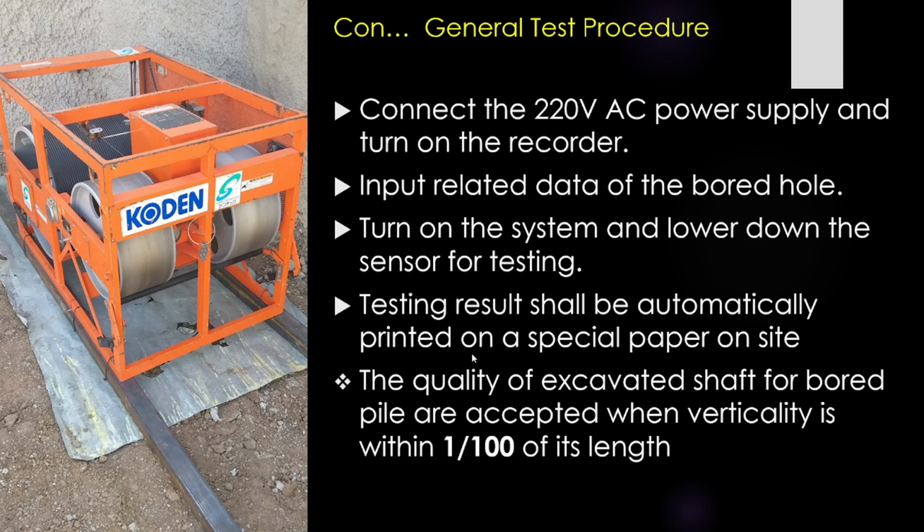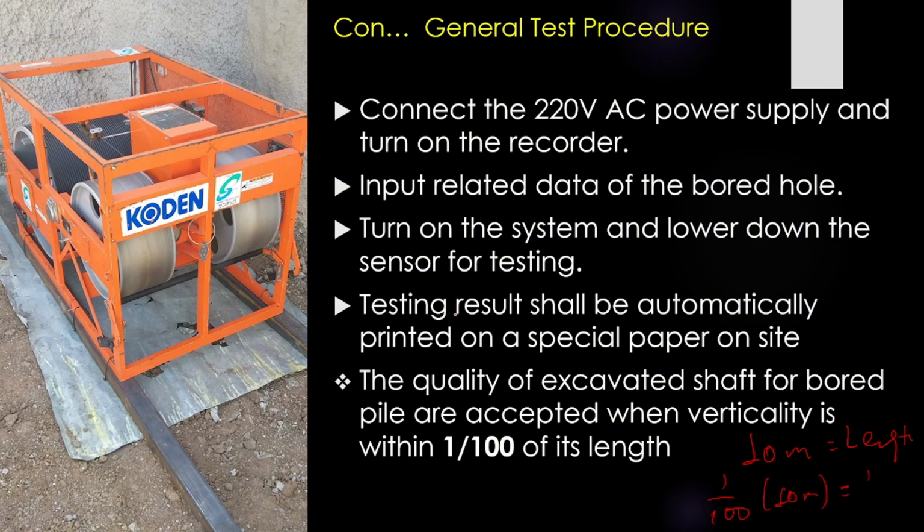The quality of excavated shafts for bored piles is accepted when the verticality is within what? 1 to 100 of its length. For example, we accept the quality of excavated shaft when the verticality is 1 to 100. When we say 1 to 100, let's say the pile is 10 meters in length, then the allowable deviation in verticality would be 1/100 of our 10-meter length of the pile.